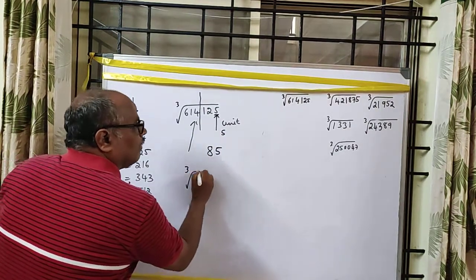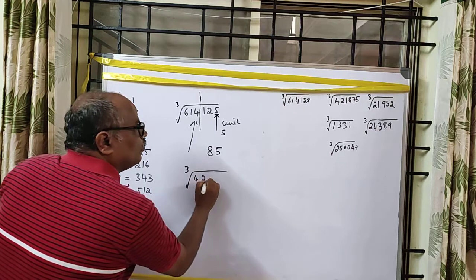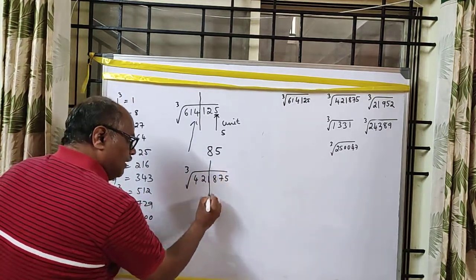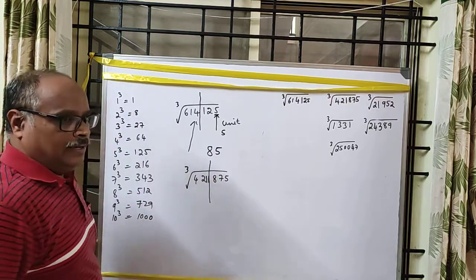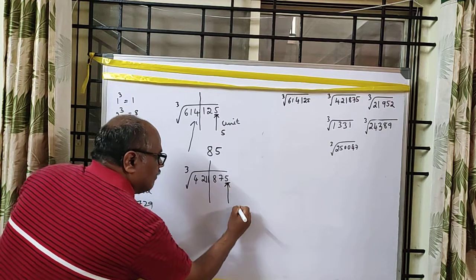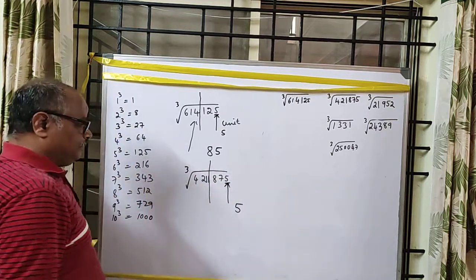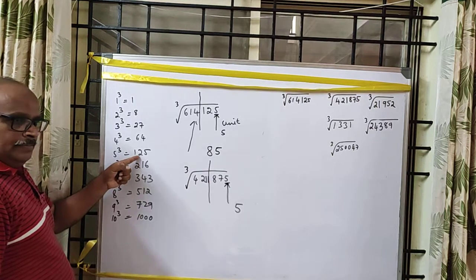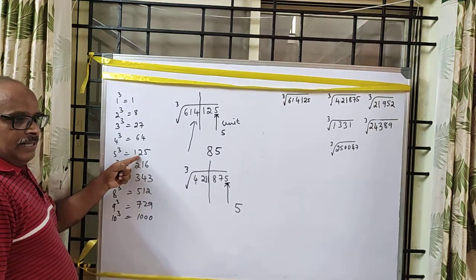Similarly, the cube root of 421,875. Grouping. In 875, the unit place 5 is there, so you write 5. In 125, the unit place 5 is there.